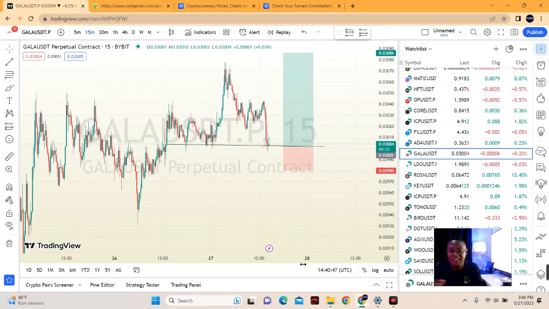So what I'm saying in all of this is that before you trade any particular pair, make sure you look at the BTC zone. If you are trying to long, is BTC also at a support zone? If yes, go ahead and long. But if you are trying to long and BTC is at a resistance, please avoid that pair and go to another pair that's correlated with Bitcoin price, or Bitcoin zone rather.